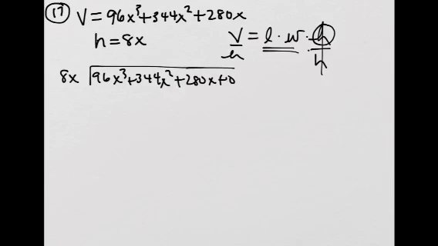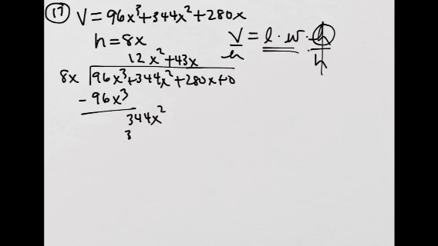So 8 goes into 96 12 times. So it's 12x squared. So that gives you 96x cubed, and it cancels, so you bring down the 344x squared. Now 8 goes into 344 43 times.